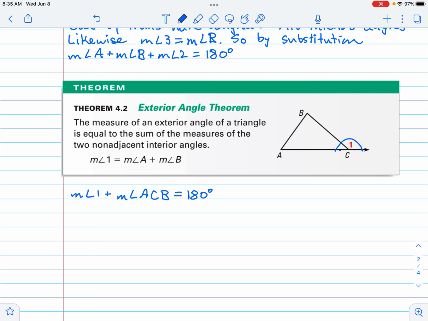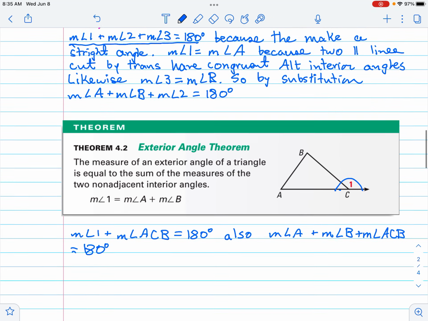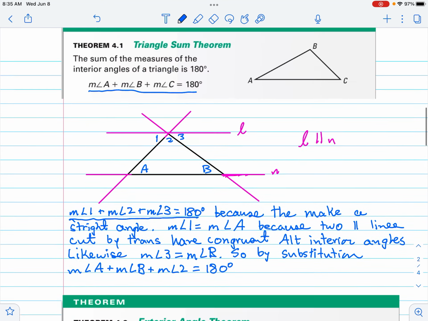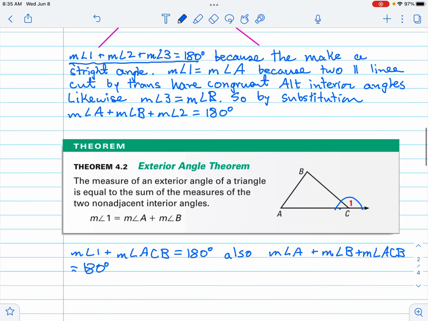And that straight angle is made up of angle 1 and angle ACB. Also, the measure of angle A plus the measure of angle B plus the measure of angle ACB equals 180, because that is what we just discovered up here with the triangle sum theorem.